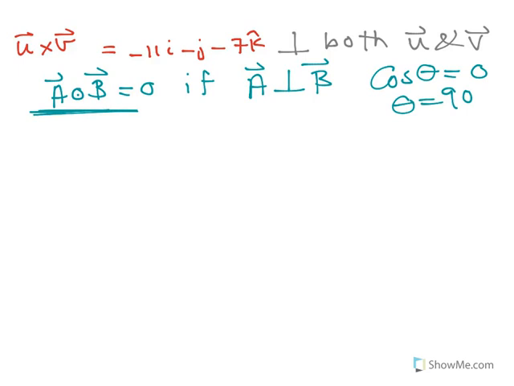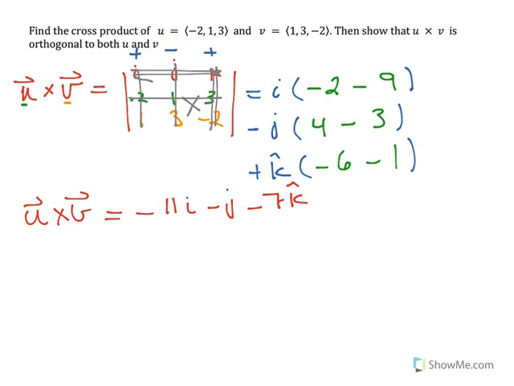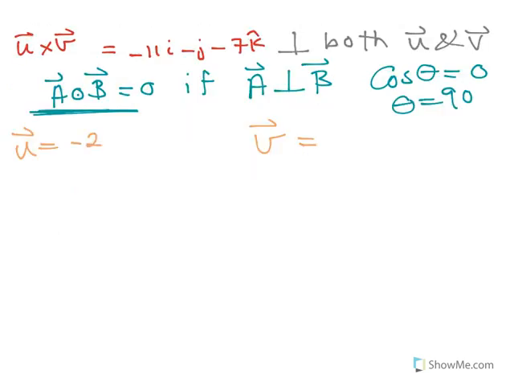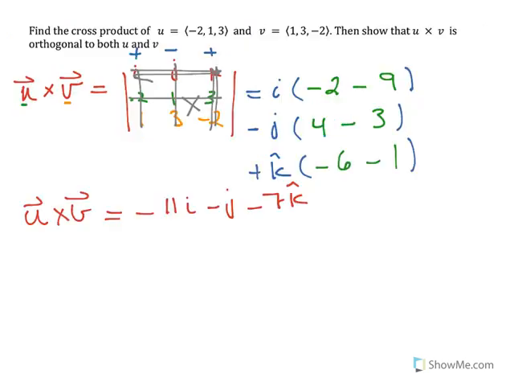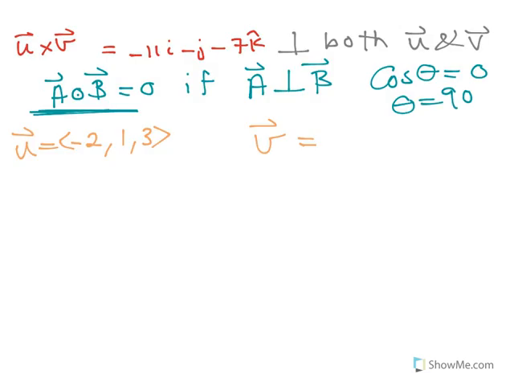So let's rewrite the original vectors u and v together right here. I'm going to take a copy. Minus 2, 1, 3 is the first vector, and 1, 3, minus 2 is the second. Let's find the first dot product.